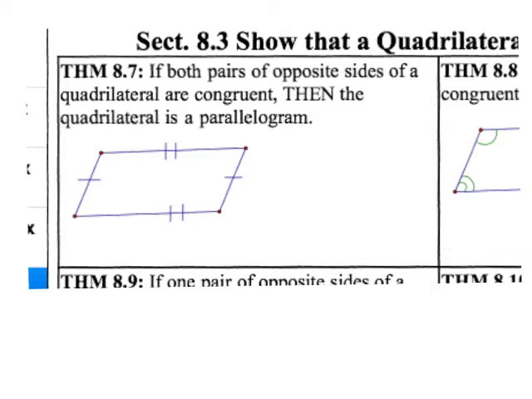If both pairs of opposite sides of a quadrilateral are congruent, then the quadrilateral is a parallelogram.